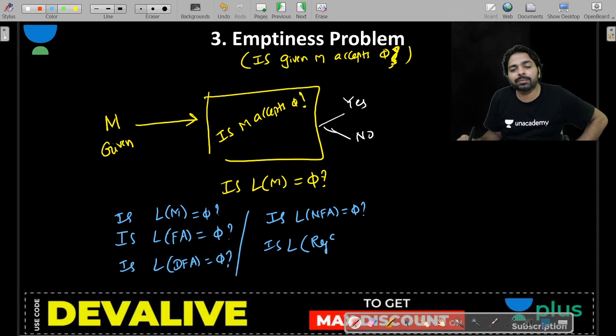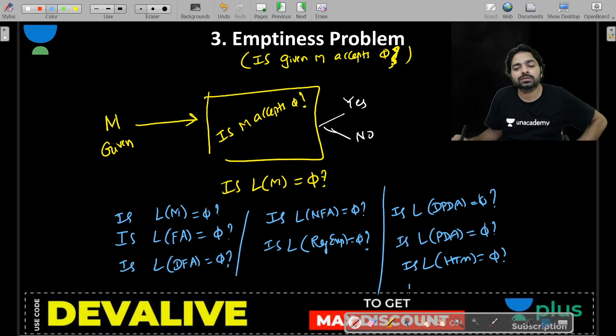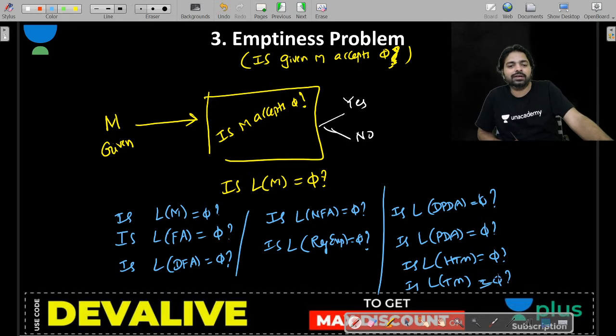Is the language generated by a regular expression equal to pi? Similarly, is the language accepted by DPDA pi? Is the language accepted by PDA equal to pi? Is the language accepted by TM equal to pi? Look at that: the name is one, but you can apply it to any machine, guys.